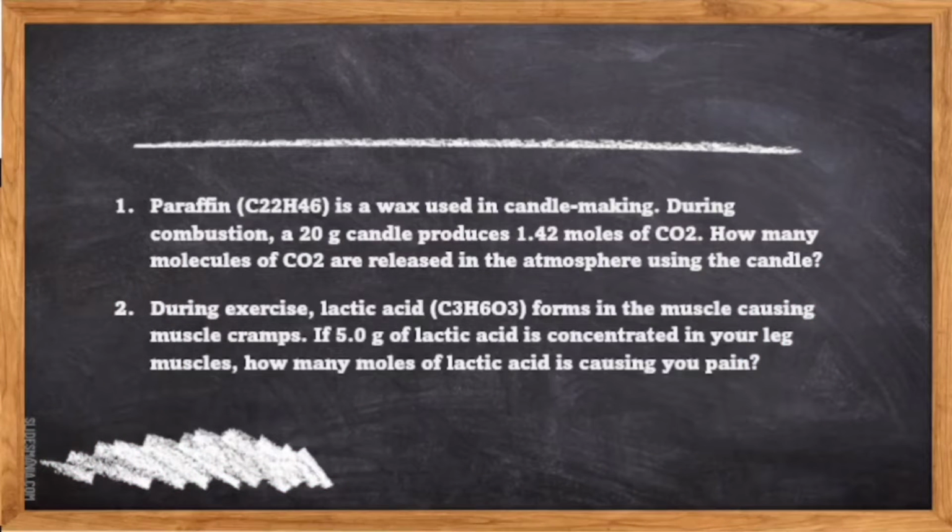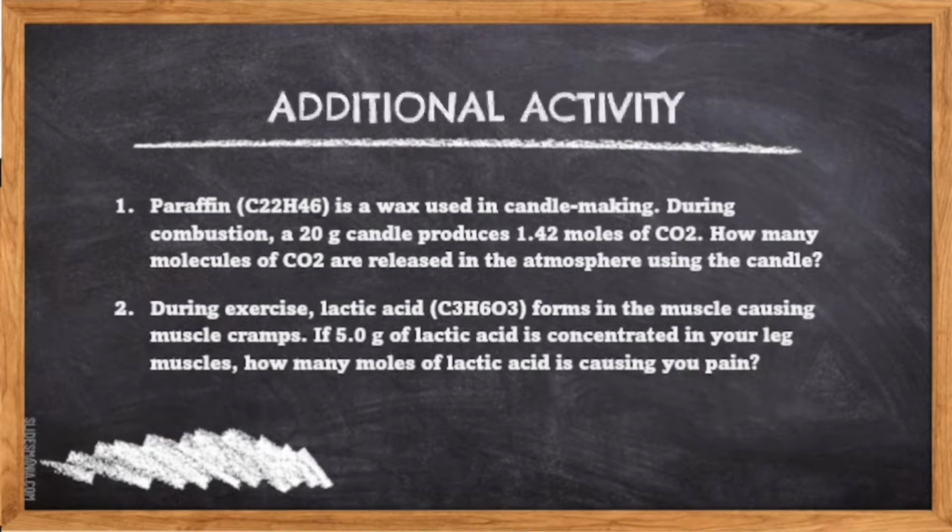For your additional activity, you can choose what you want to do. First, you can compute. Number 1, paraffin is a wax used in candle making. During combustion, a 20 gram candle produces 1.42 moles of carbon dioxide.